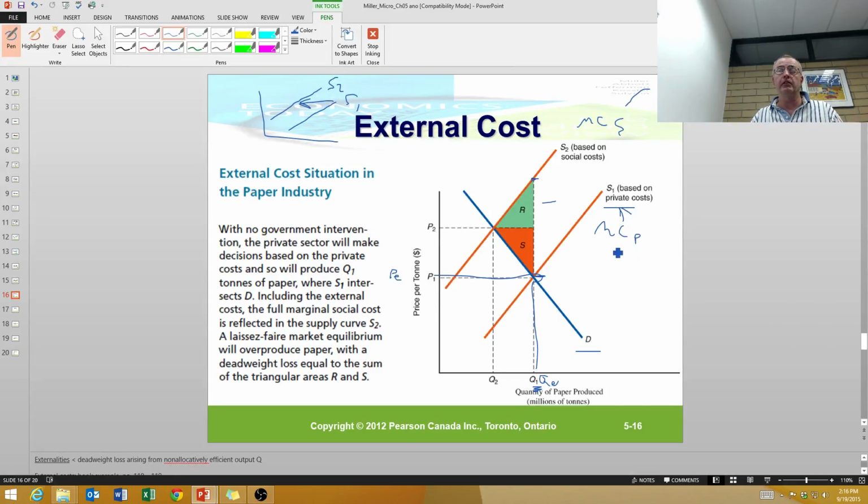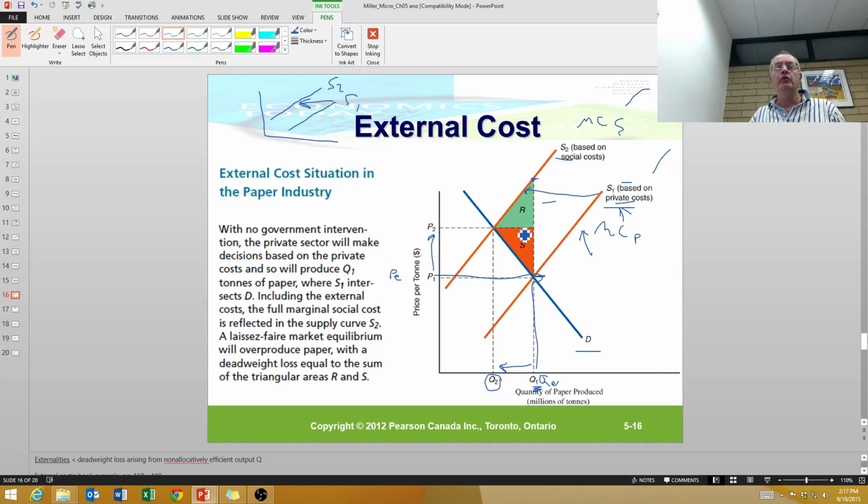If society experiences costs from this production, society's supply curve, rather than the one for the private company, shifts to the left. And if output was based on total costs, private costs plus societal costs, then quantity would decrease and price would increase.